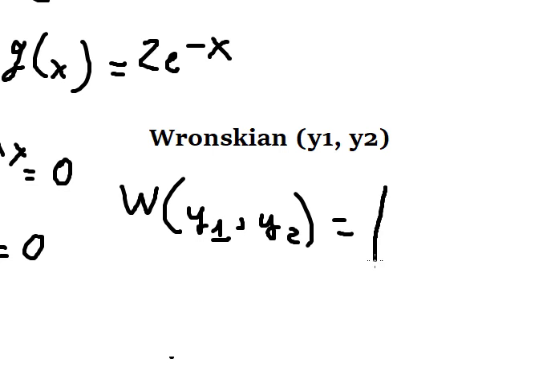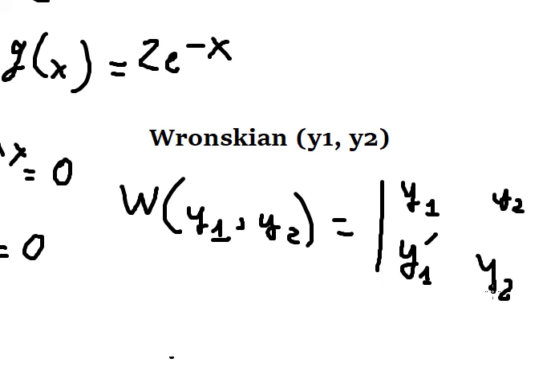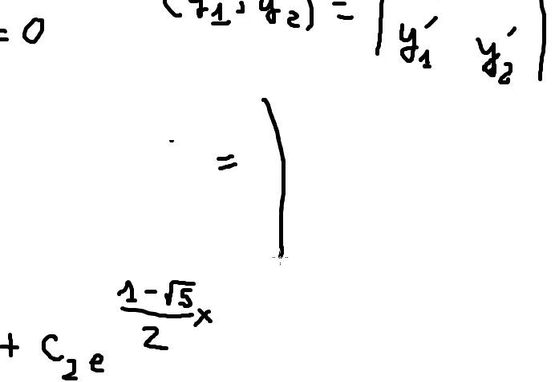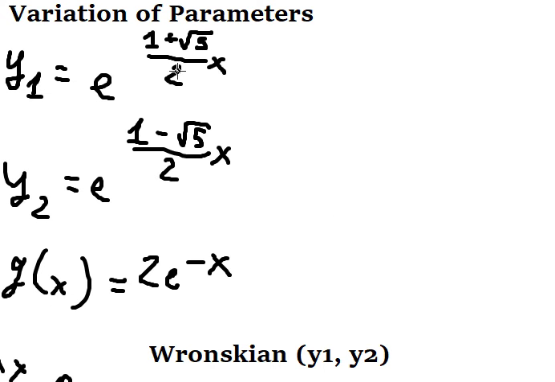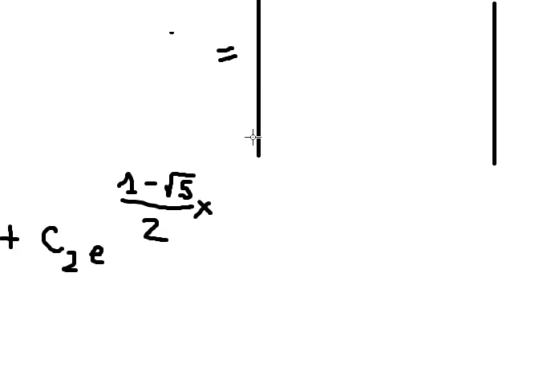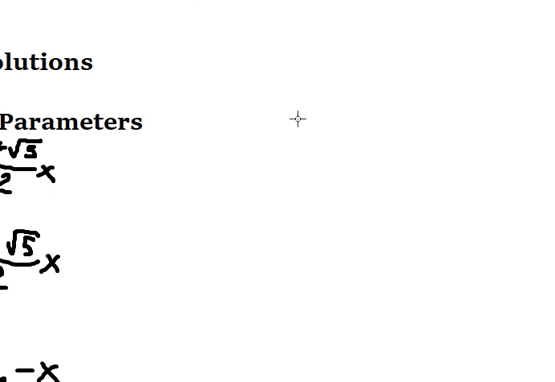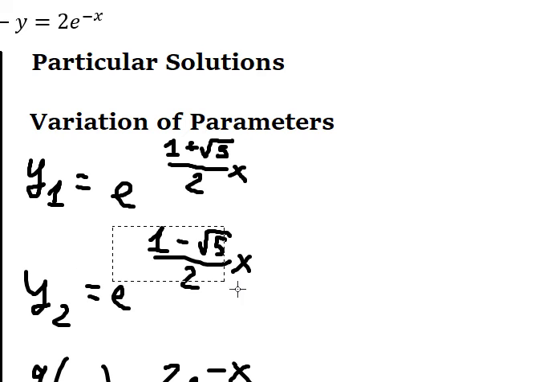So that is the matrix of y1 and y2, and later we need the first derivative of y1 and the first derivative of y2. So y1, that is this one, and y2, that is this one.